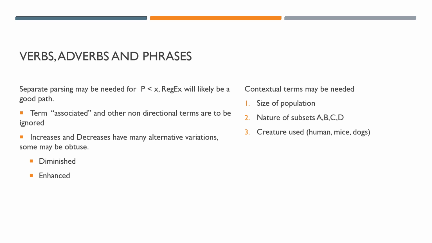Other terms can be a bit more challenging to deal with. For example, contextual terms such as what's the size of the population, how many different subsets there are. It's just comparing people with Crohn's disease to people with UC, in which case you're doing relative things and you may have to actually add into your database those qualifications.